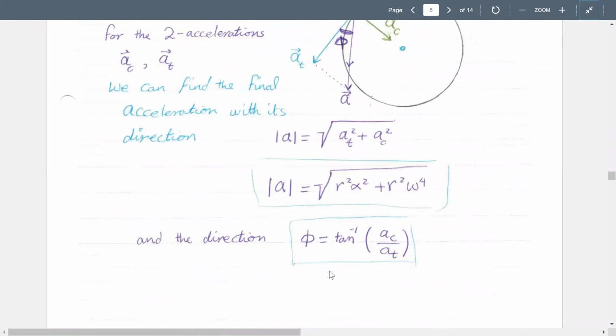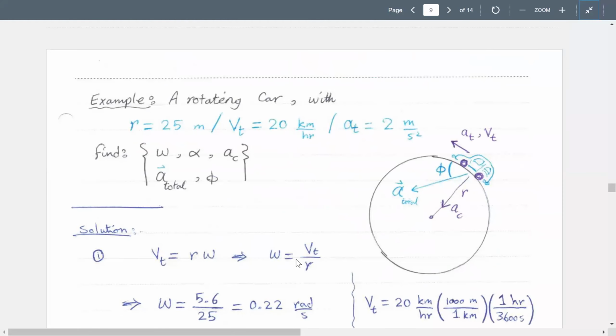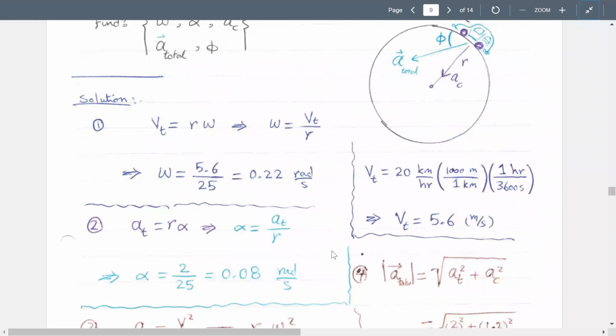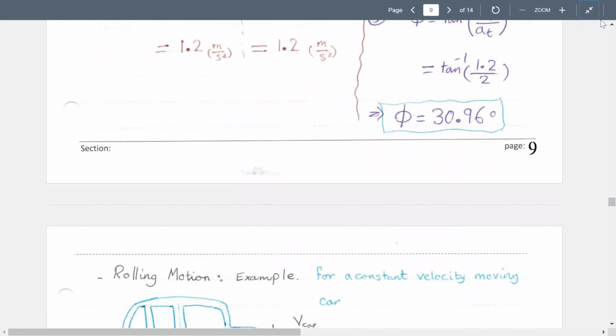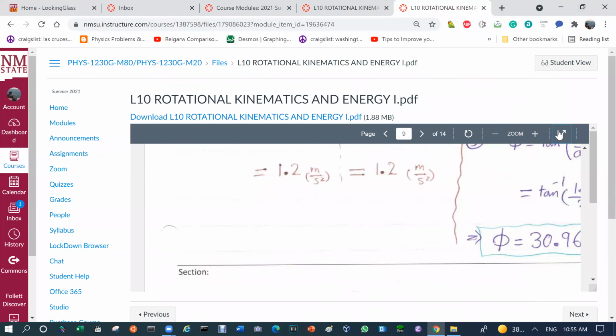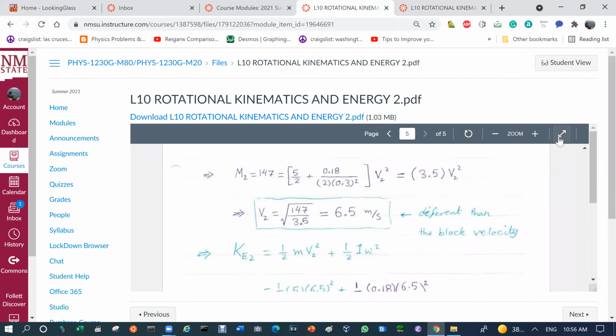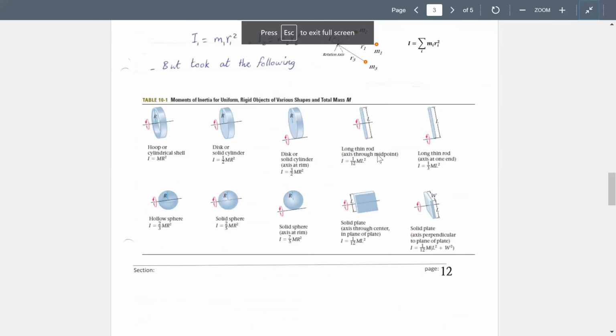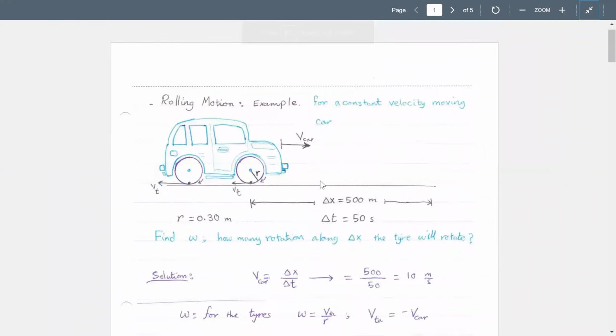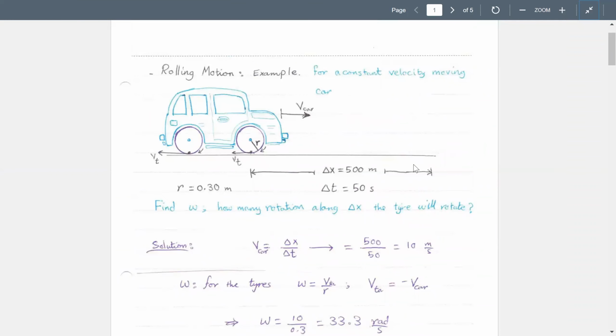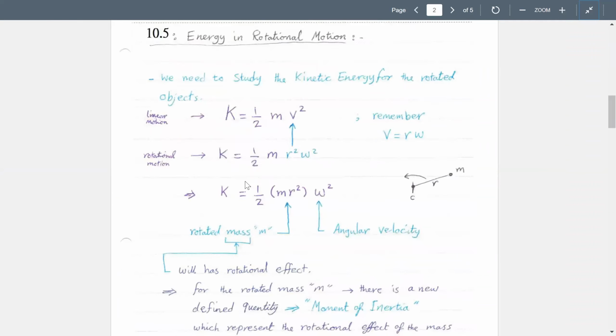We see there are accelerations also in the radial direction and the tangential direction, but we didn't deal with Newton's second law yet. And now we just solved an example on the rolling motion, which is a connection between the linear and the rotational motion, then the kinetic energy.